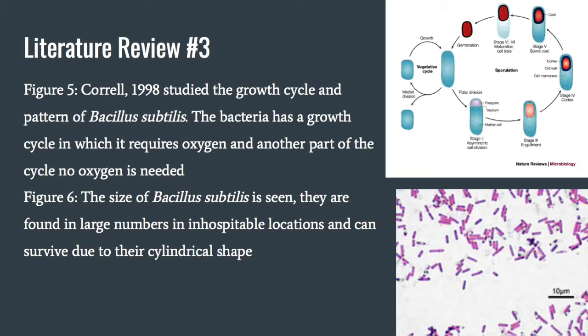Correll 1998 in his study found that the bacteria could be used to reduce the amount of biological oxygen demand and thus raise the dissolved oxygen levels. However, in this case study, they only used a small sample size and did not have an extended method. It must be explored why the reaction proceeded in the way it did and why the Bacillus subtilis did not fully reduce the high BOD values and create a more oxygenated environment.